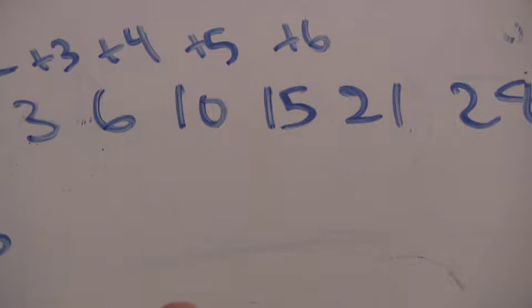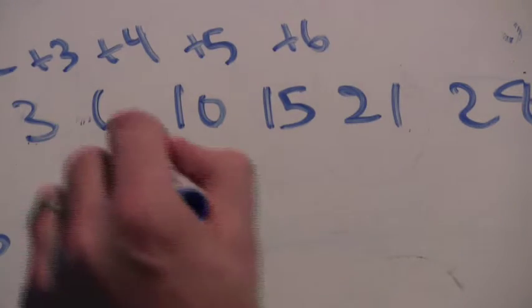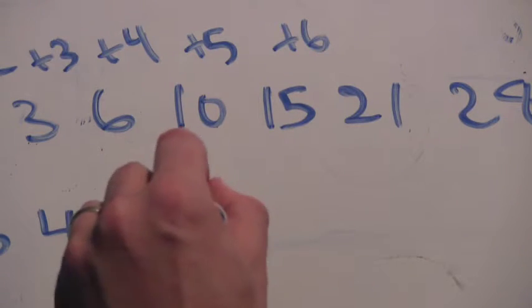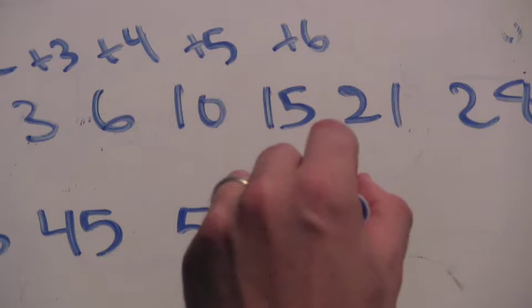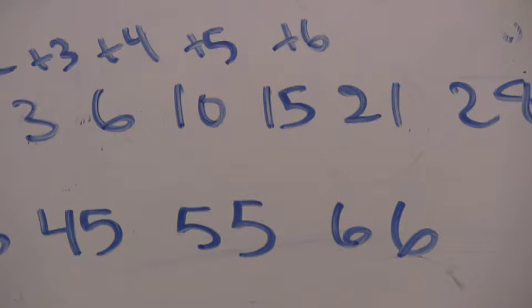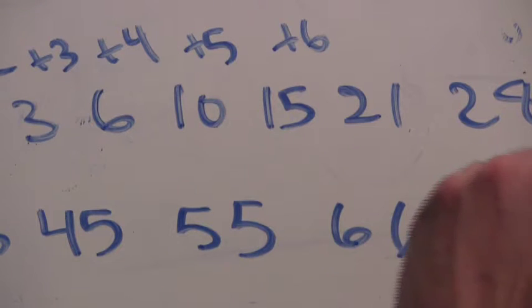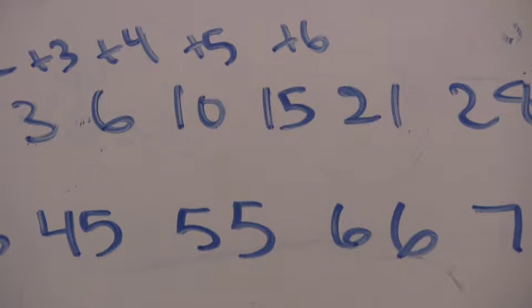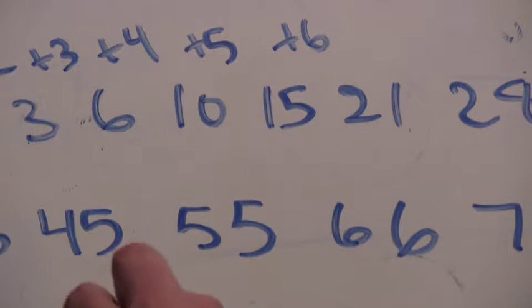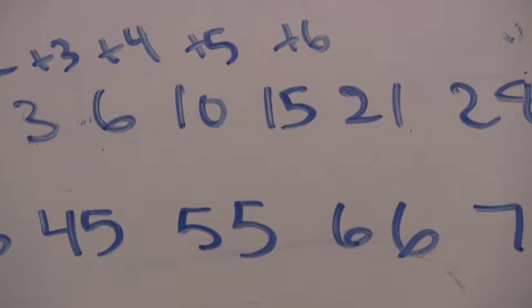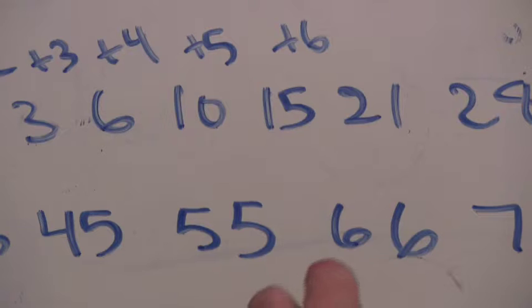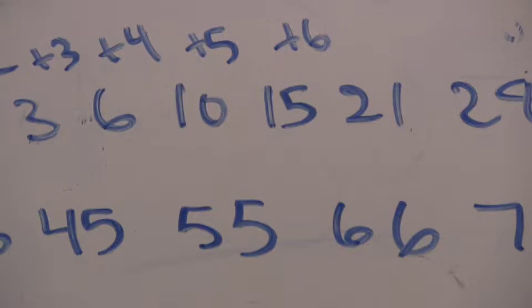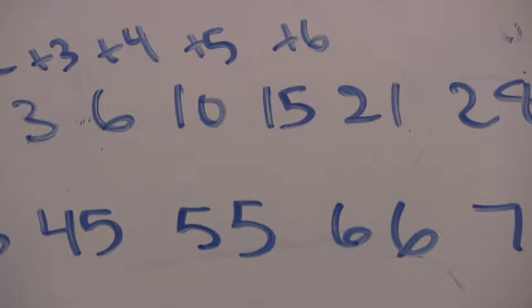Then plus 8, plus 9, plus 10: 45, 55, 66, 78, 91, 105, 120. Okay, that only eliminated one option.